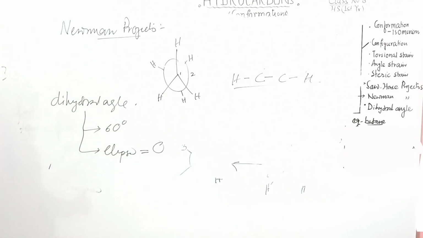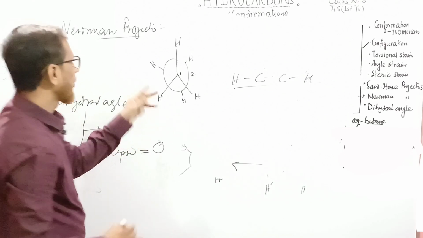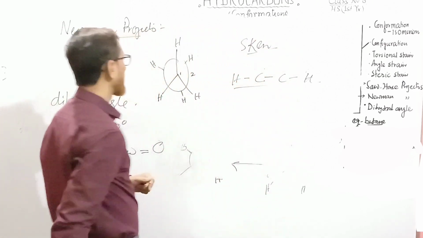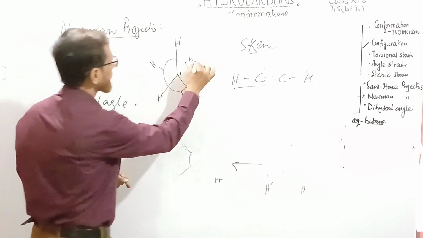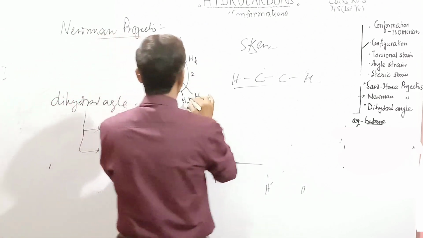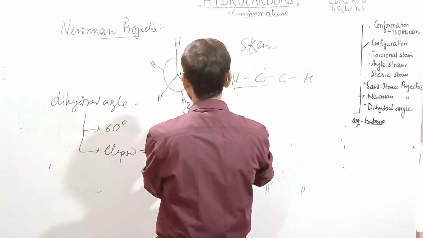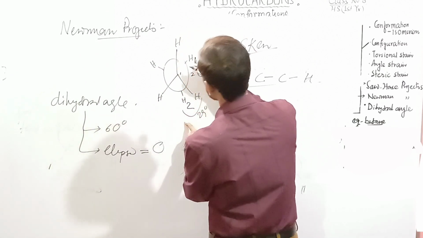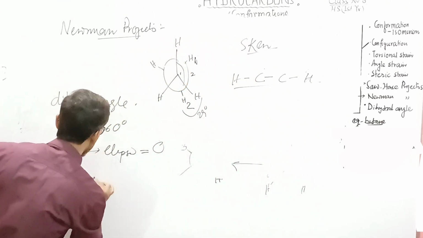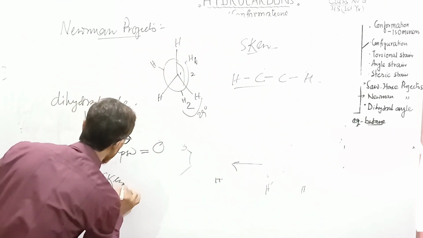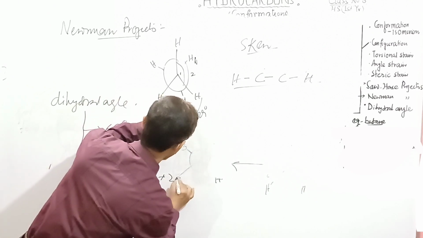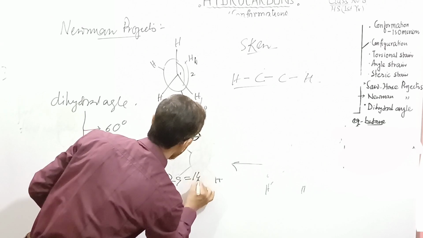A question very often asked, what is the dihedral angle in case of skew configuration? So if it is carbon 1 and if it is carbon 2, that two bond angle is equal to 29 degree. So if it is 120, in case of skew, dihedral angle is 120 plus 29 is equal to 149.